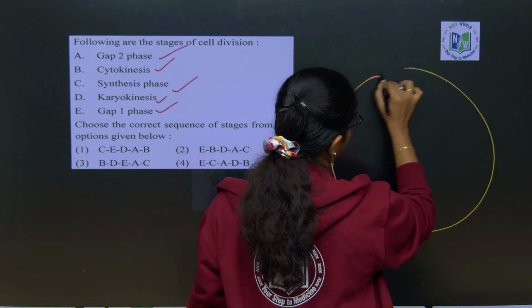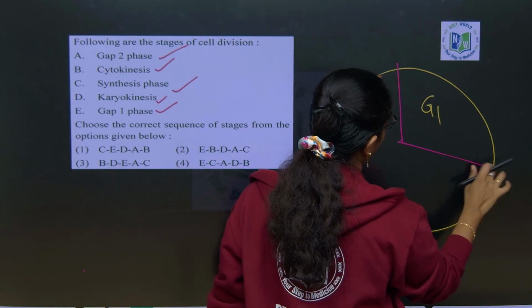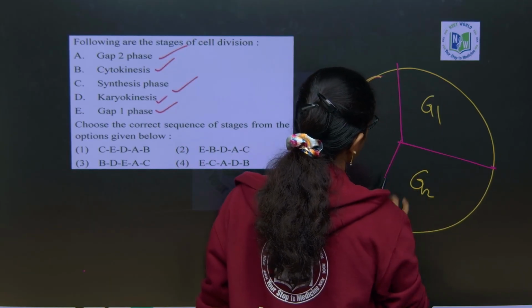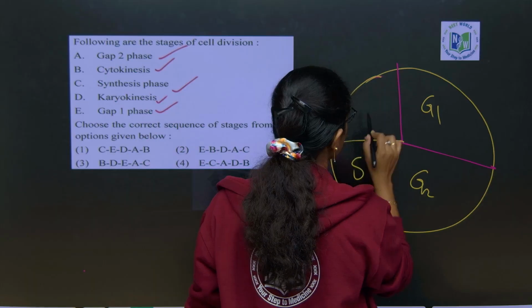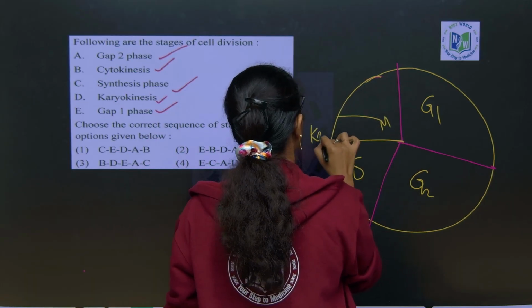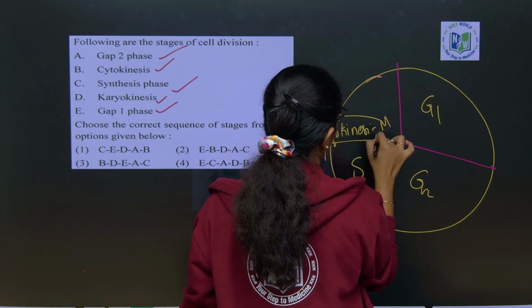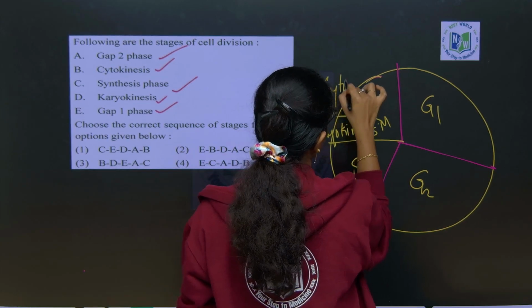So, if you clearly look here, first is G1 phase, followed by S phase, then G2 phase, then M phase. M phase has karyokinesis and cytokinesis.